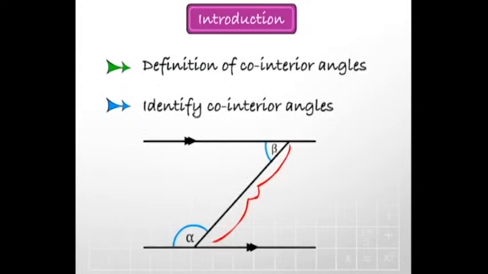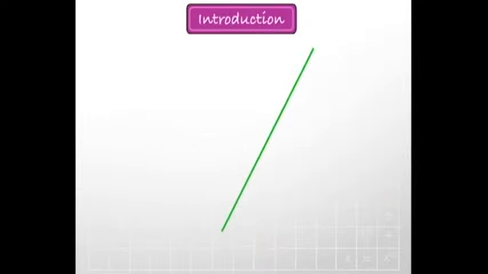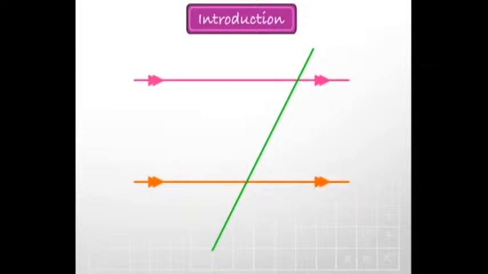A pair of such angles is consecutive interior angles. These are commonly referred to as co-interior angles. When a transversal passes through two parallel lines, co-interior angles will be formed.